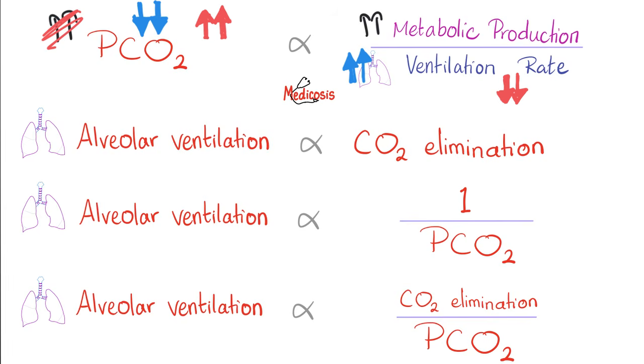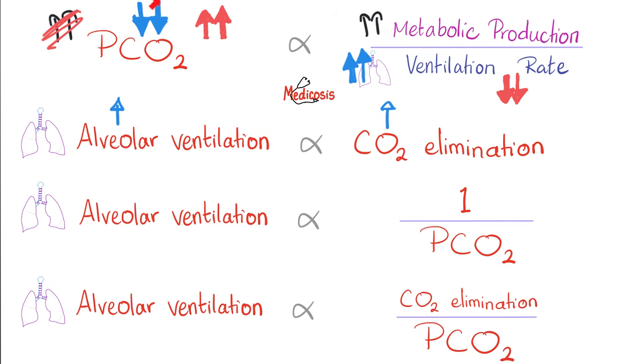So the ventilation rate or the alveolar ventilation is directly correlated with carbon dioxide elimination, and that's why it's inversely correlated with the carbon dioxide that's left in the blood that was not eliminated. So increased alveolar ventilation will increase carbon dioxide elimination, leaving less carbon dioxide in me.